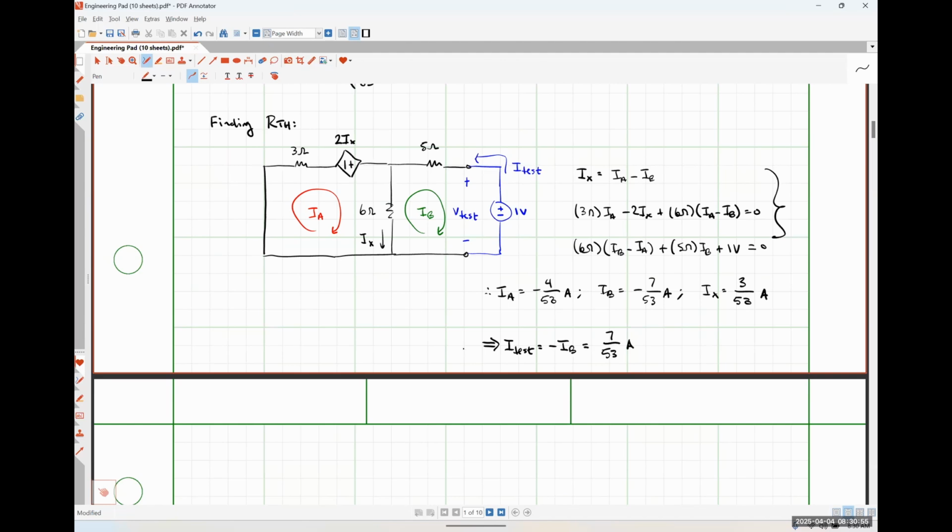And then I'm going to use this result over here. My Thevenin resistance is just V test over I test, which is 1 volt over 7/53 amps, which obviously comes out to 53/7 of an ohm, the exact same answer we got earlier.